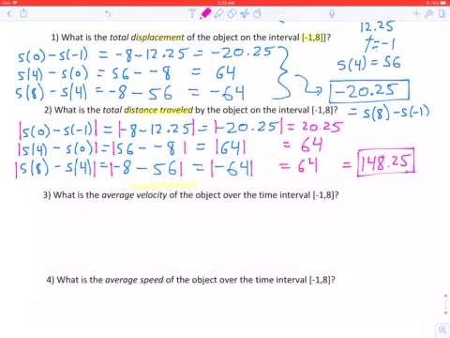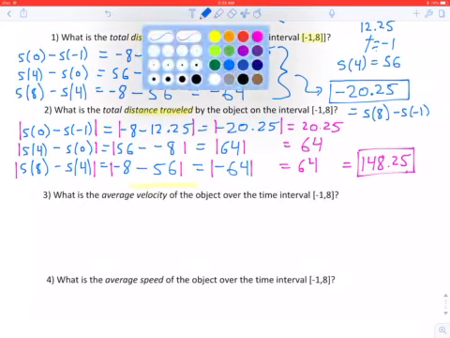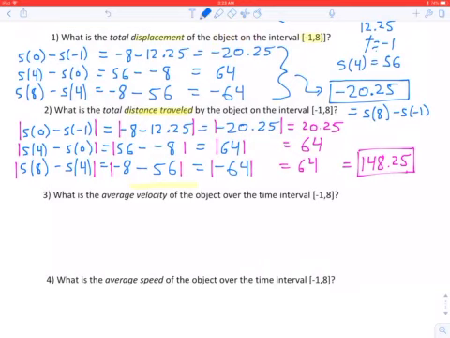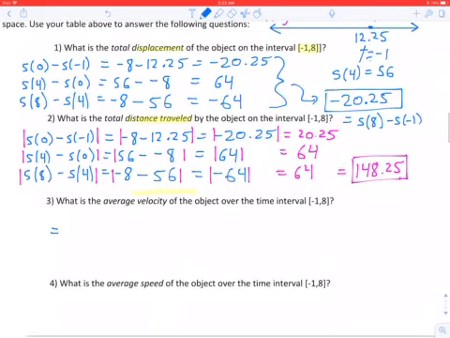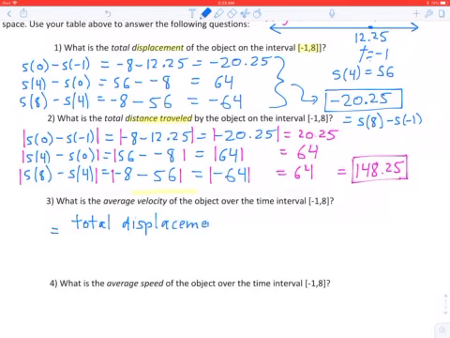Okay, now the questions of average velocity and average speed. These are just definitions. Average velocity is total displacement over time.